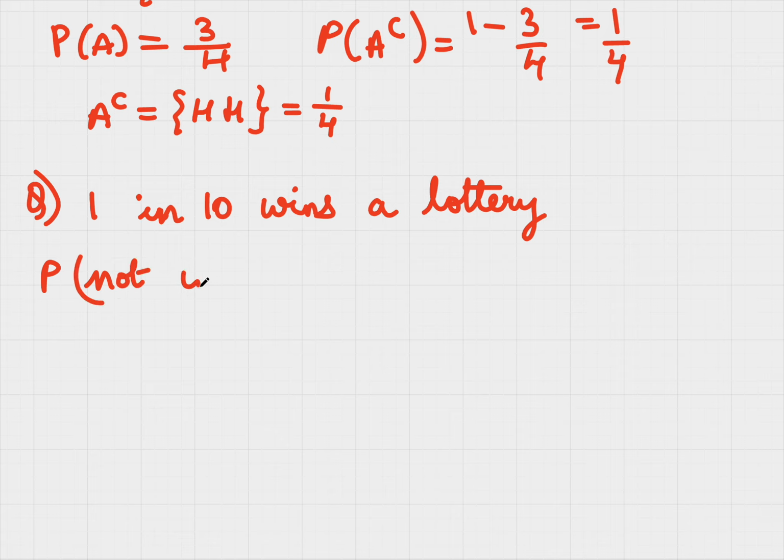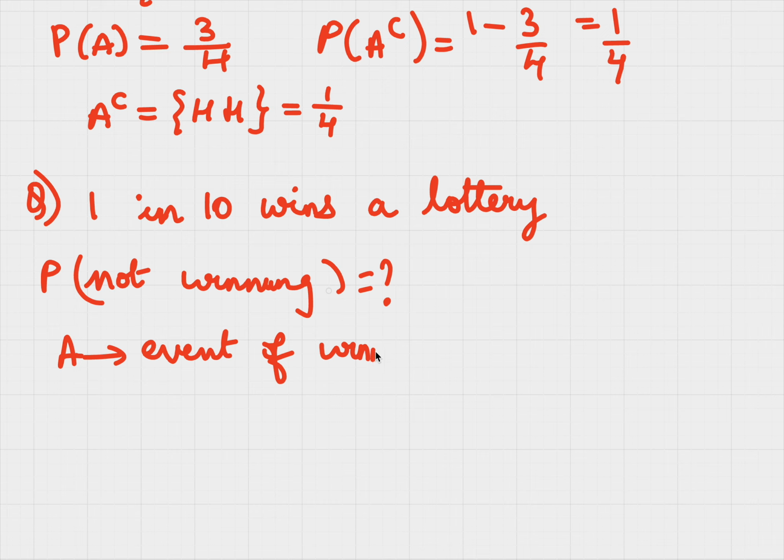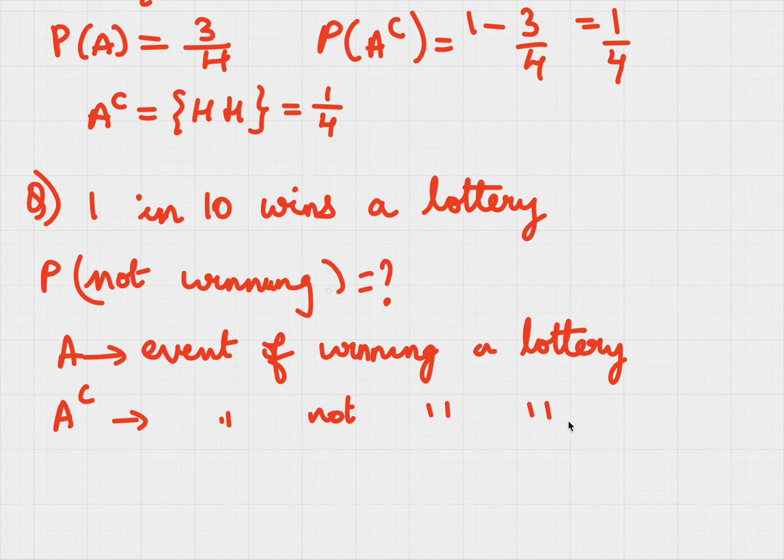A is the event of winning a lottery. Then A complement is the event of not winning a lottery.